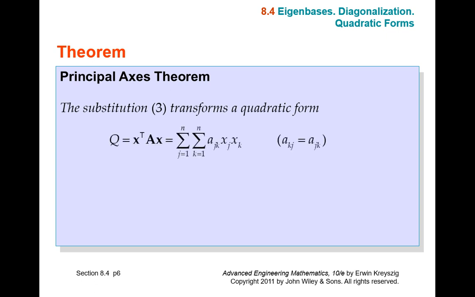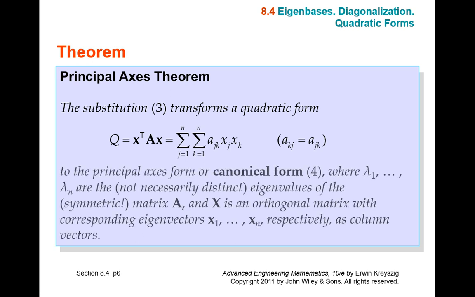If we have a quadratic equation and A is a symmetric matrix, we can come up with a new coordinate principal axis form, or canonical form, using the eigenvalues, that is lambda 1, lambda 2, that we see in equation number 4, where we rewrite this q in terms of y. So this is all about the principal axis theorem.